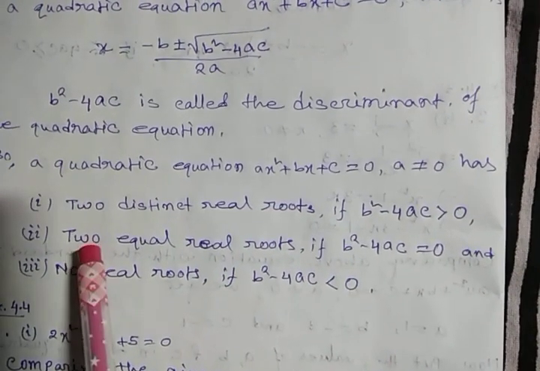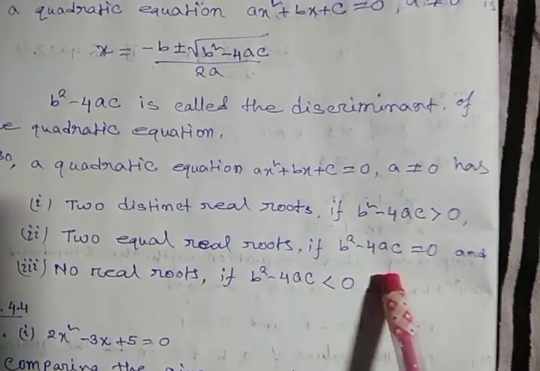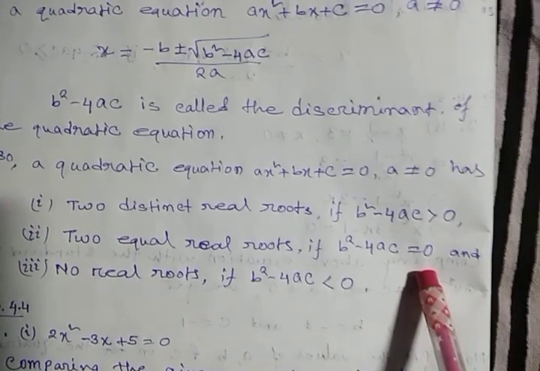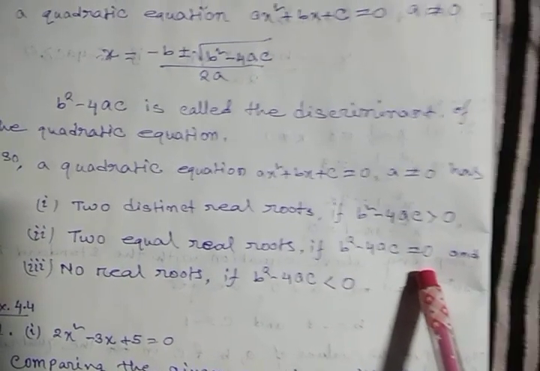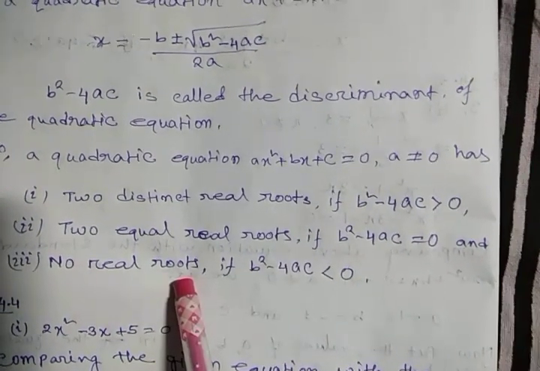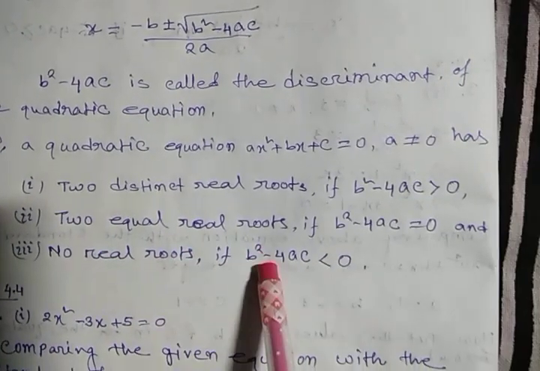Second, two equal roots if b square minus 4ac is equal to 0. That means if the value of the discriminant is 0, then it will have two equal roots. And third, no real root exists, that means imaginary roots exist, if b square minus 4ac is less than 0.